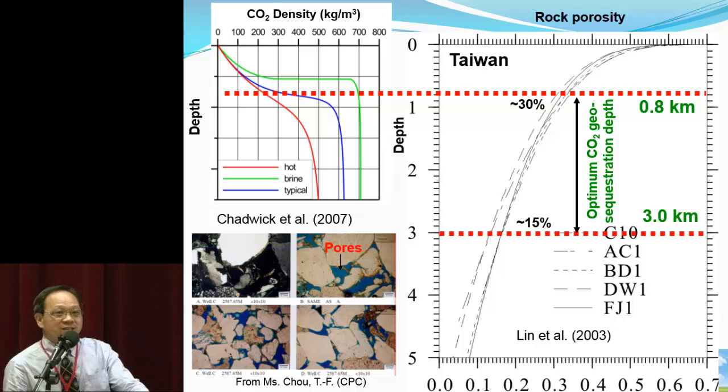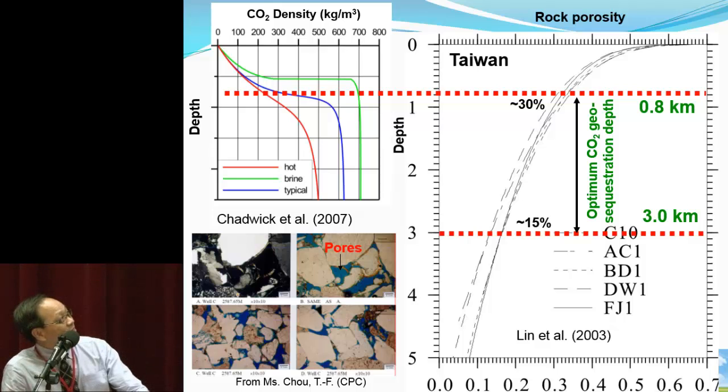So this indicates that in the near surface we have a high porosity, the pore space in the rock, but in the deeper part we have a low porosity. But this diagram shows that lying between about 0.8 kilometer to 3 kilometers, we have a porosity ranging from 30 to 15%. So the pore space looks good.